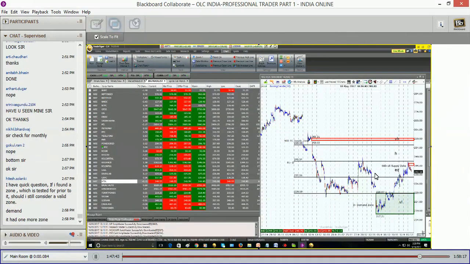What do you mean tested prior to it? I had one more zone. Can you tell me the values of the zone, Hitesh, so that I'm able to understand clearly? You've marked three demand zones, 393, 407 and 423. I hope everybody is able to see three Hitesh demand zones on the screen.